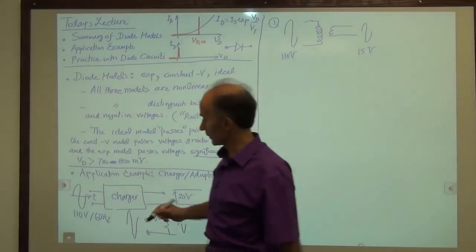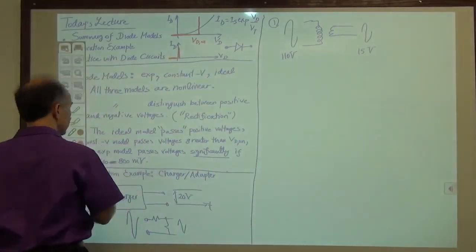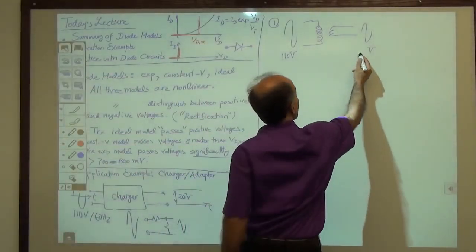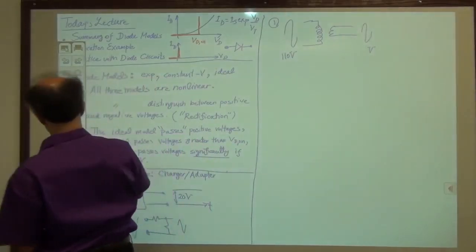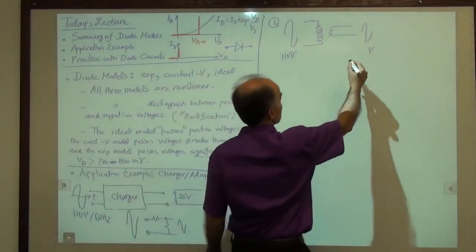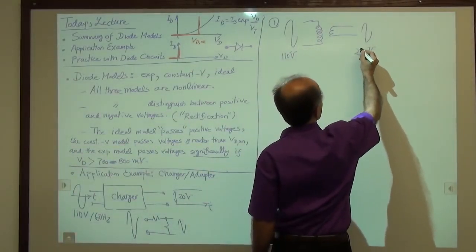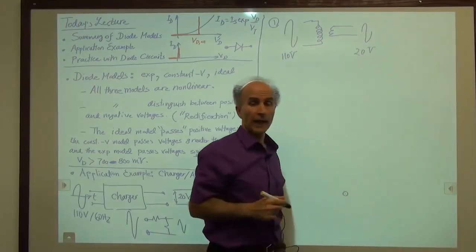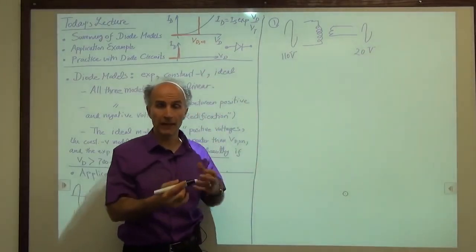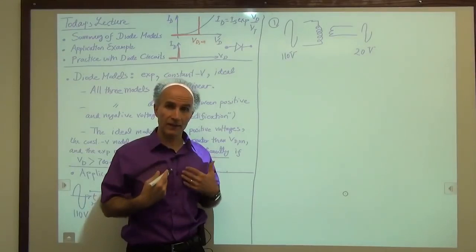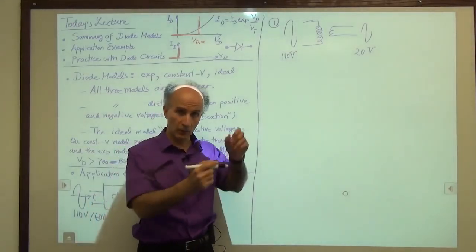So let me write 20 volts just to avoid any confusion. So we'll make this 20 volts. Okay, so at least we reduce the swing to something manageable, something that at least does not electrocute us when we touch it.